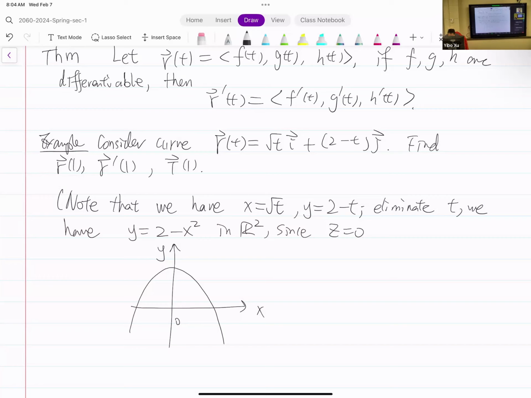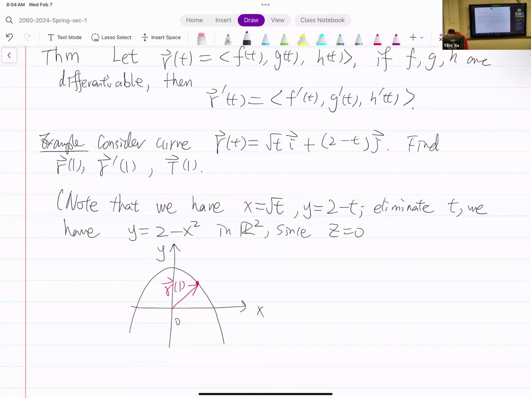So the curve is this black curve, but when t equals 1, we are at x equals 1 and y equals 1 as well. So that's the point right here. Okay. So that's our r(1), right? And then we can expect that the tangent direction is this.